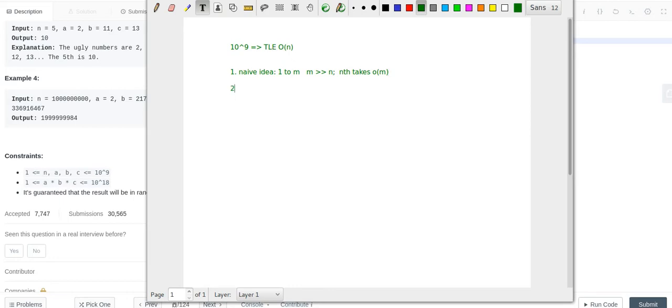For a second solution, we find the numbers divisible by a, b, c.